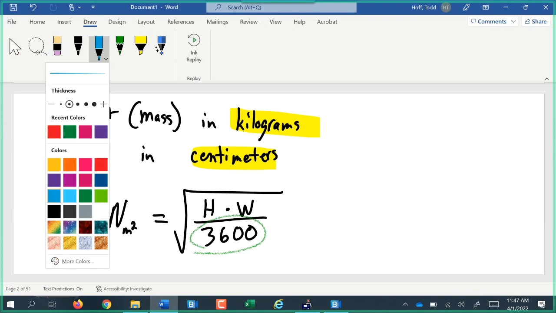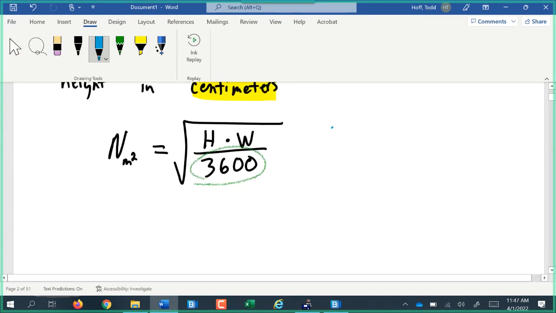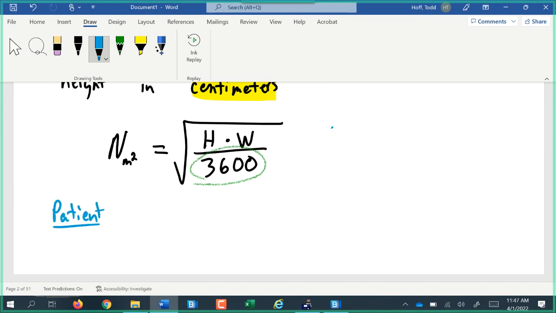So let's take a look. If we have a patient that has a height of 128 centimeters and a weight of 46 kilograms.